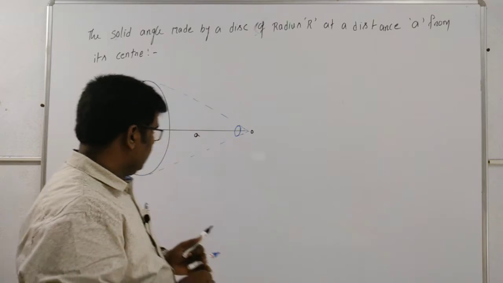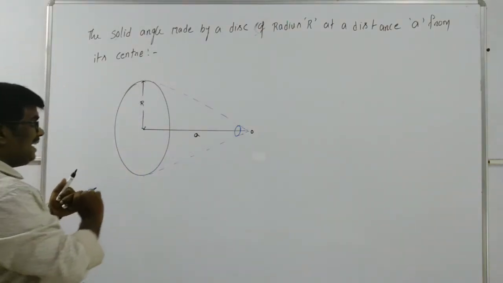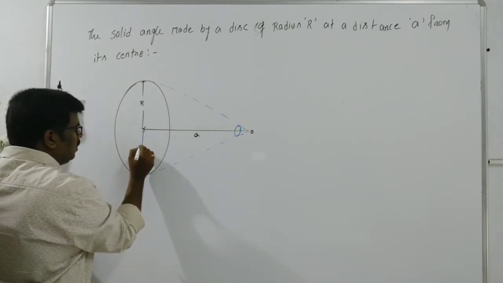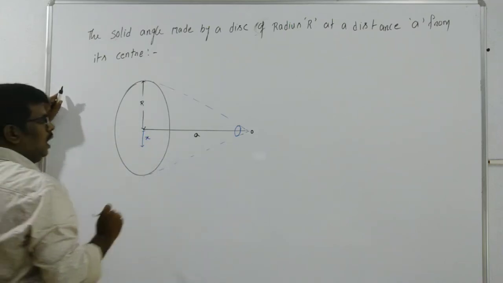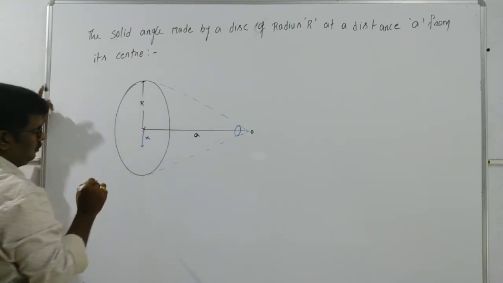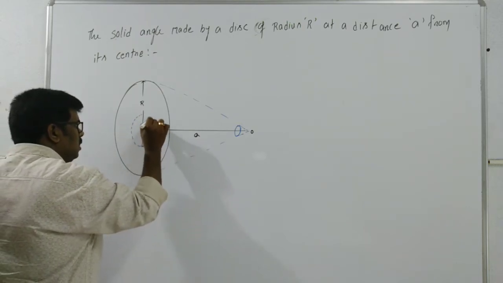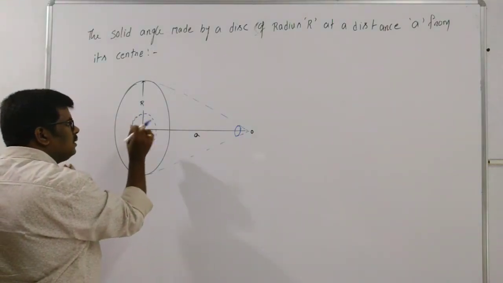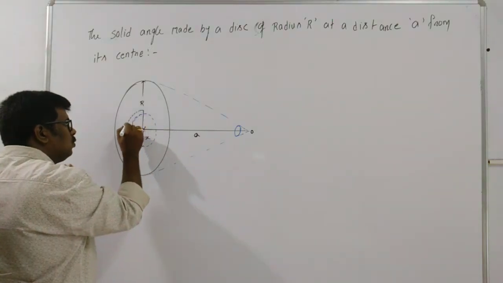So let us take a small area of it. The area I am taking is at a distance x from the center, so I am taking a small part of the disc, whose width is very small.